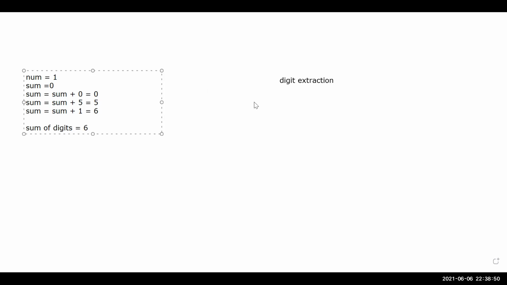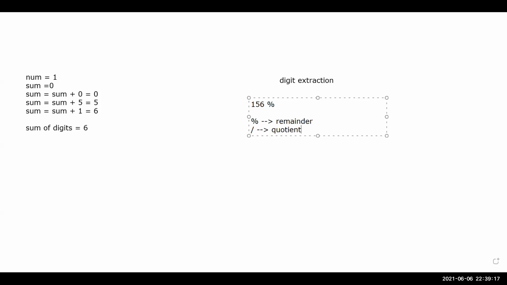So how to extract a digit from the units place? If we have this number 156, and you already know the difference between the percentage and the division operator. Percentage gives us the remainder and the division operator gives us the quotient.